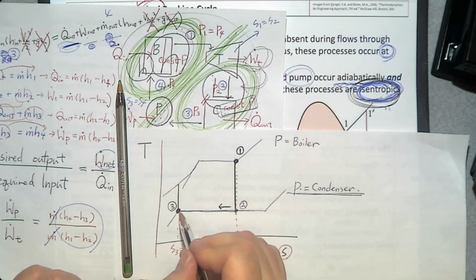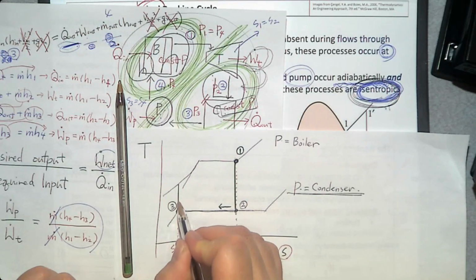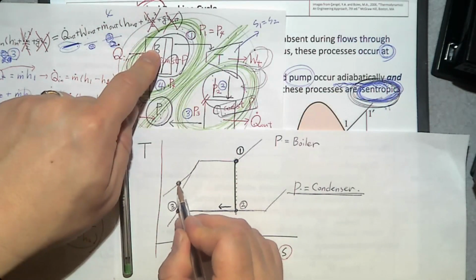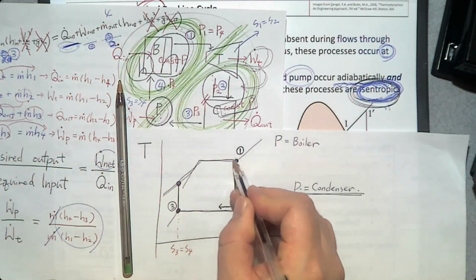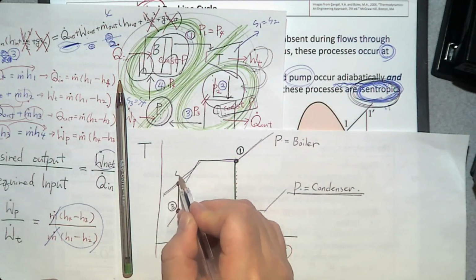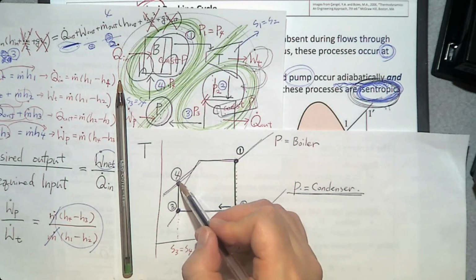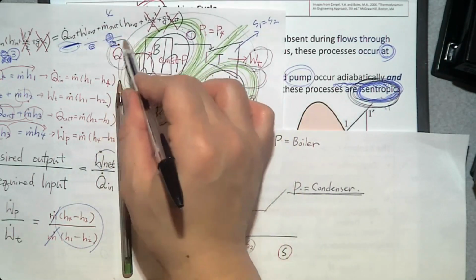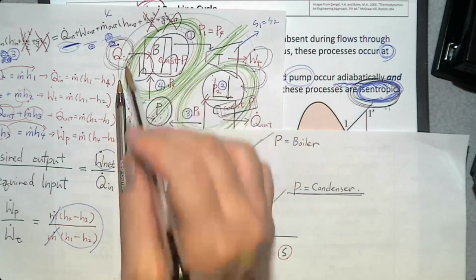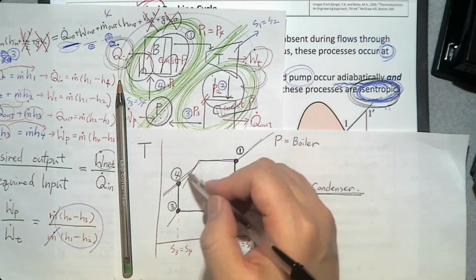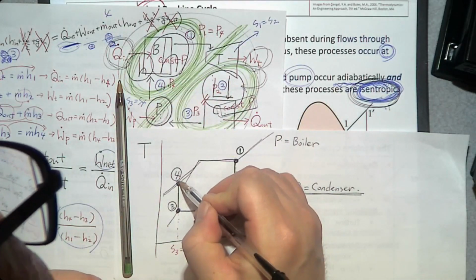Then pressure goes up in the pump until pressure becomes the boiler pressure. So which is this line. That is number four. And in this number four, the steam receiving heat from the source of the heat in the boiler, so its temperature goes up.